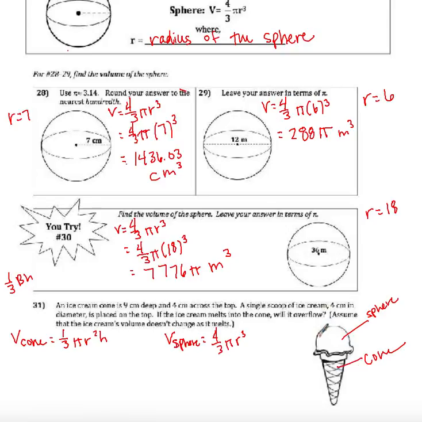It tells us that our diameter is 4, so that's here in our problem. If our diameter is 4, then our radius is going to have to be 2. Let's start with the sphere, just because we've been talking about spheres. So we'll do 4/3 pi 2 cubed.